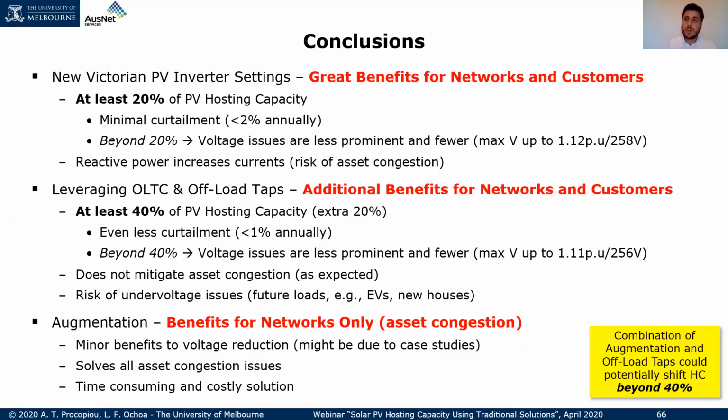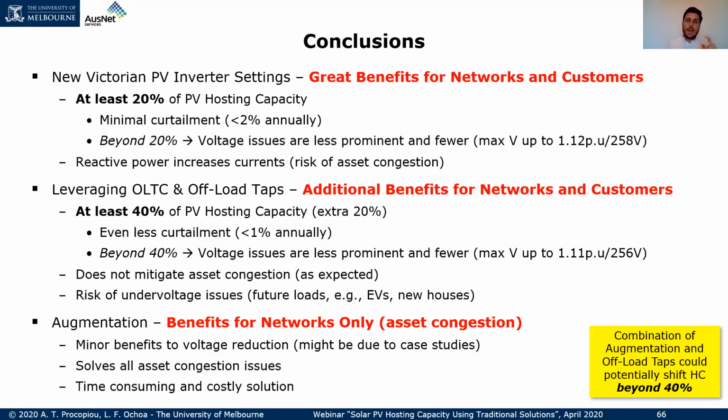And with these solutions, which refer to the new Victorian PV inverter settings, we can clearly reduce the voltage issues without impacting those customers significantly. Even further than 20% penetration, these settings allow us to reduce the magnitude of the voltage problem. The voltage level is reduced significantly, and also the number of customers that are actually facing these technical issues is significantly lower than in the previous cases.